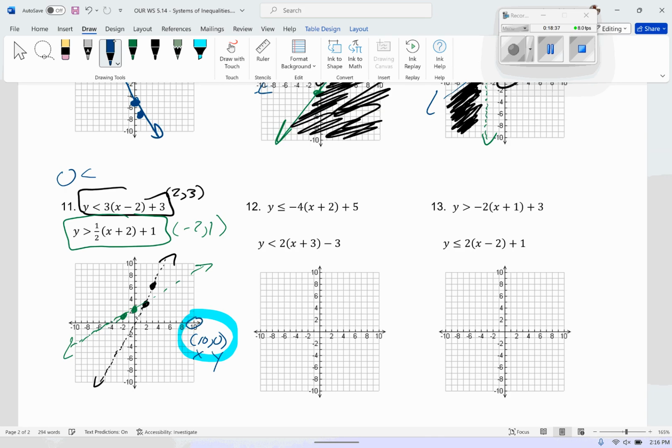Ready? I'm going to plug 10 in. 10 minus 2, 8. 8 times 3, 24. 24 plus 3 is 27. Is 0 less than 27? Okay? So for the black line, I'm going to shade over here. Agree? Okay.